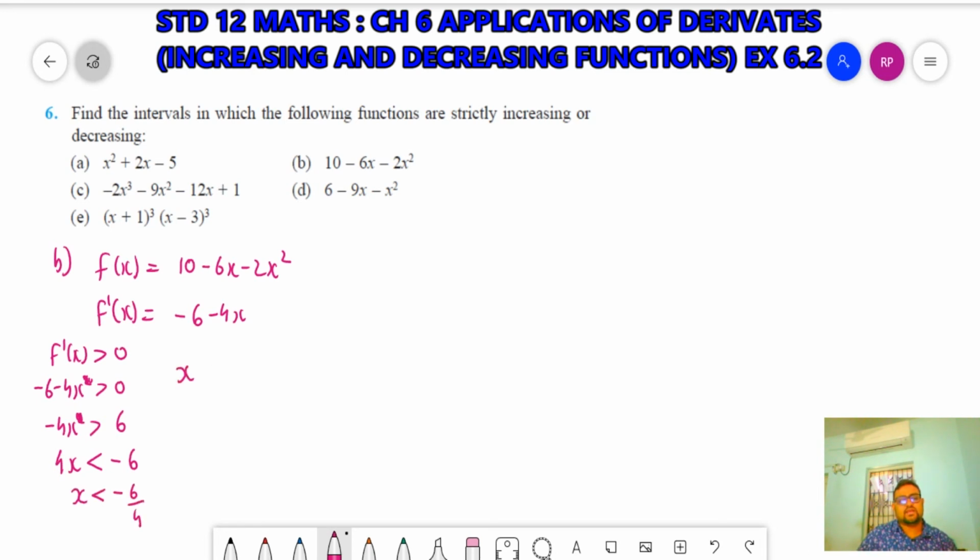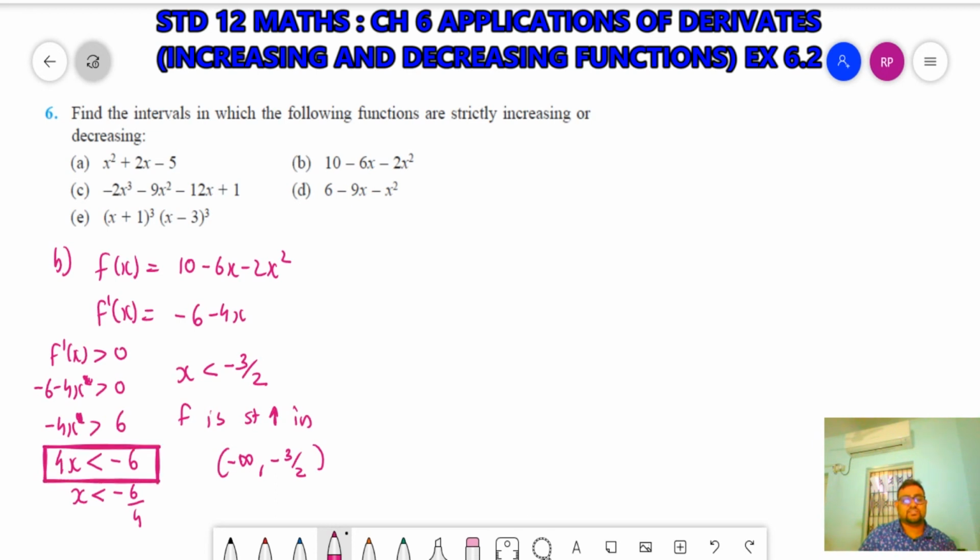That implies x must be less than minus 3 by 2. Okay, so f is strictly increasing in, it's less than minus 3 by 2 means minus infinity to minus 3 by 2. Here, remember here in this step, it was minus 4x greater than 6.